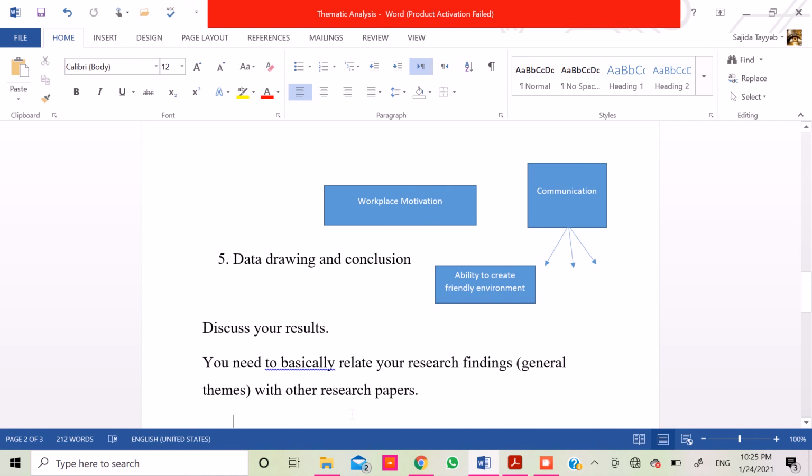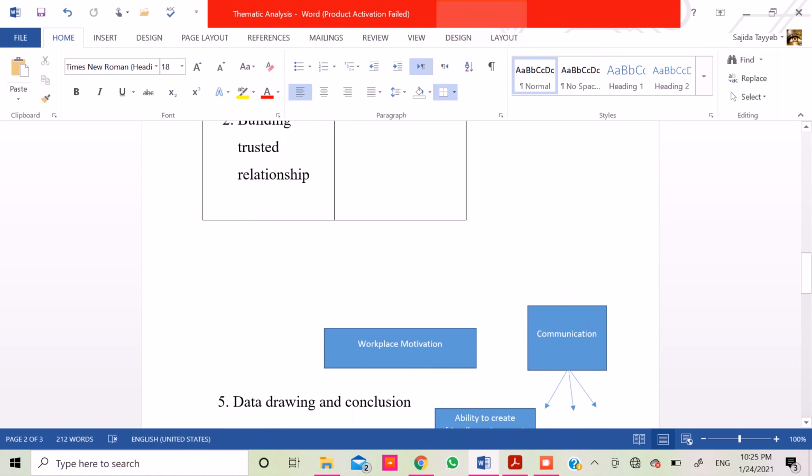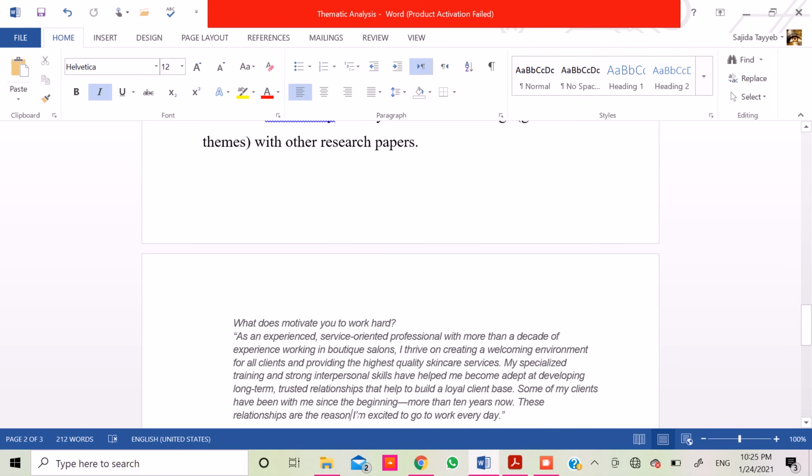And you can simply give the reference of those papers. Besides, suppose this one paragraph is very interesting and you feel like it needs to be mentioned as it is, and even though you have done the coding, thematic analysis, etc., you still want to refer to the exact words of your respondent. In that case you can use it just like this.